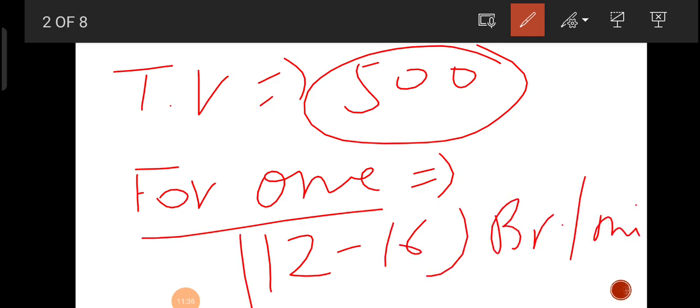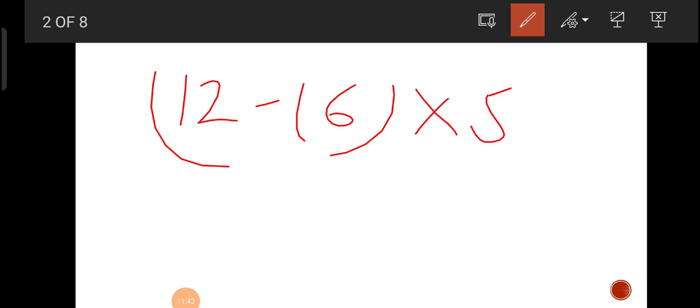According to this, we can calculate 12 to 16 multiplied by 500 ml.